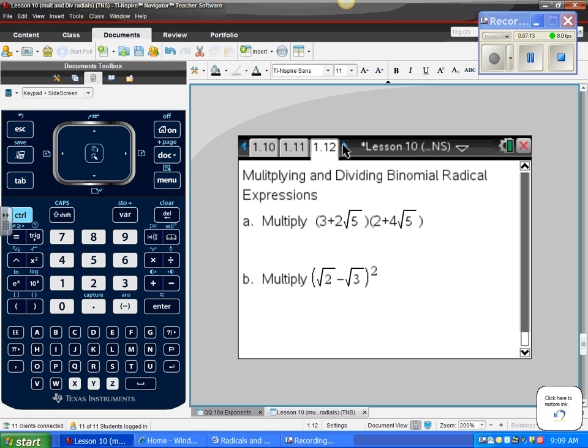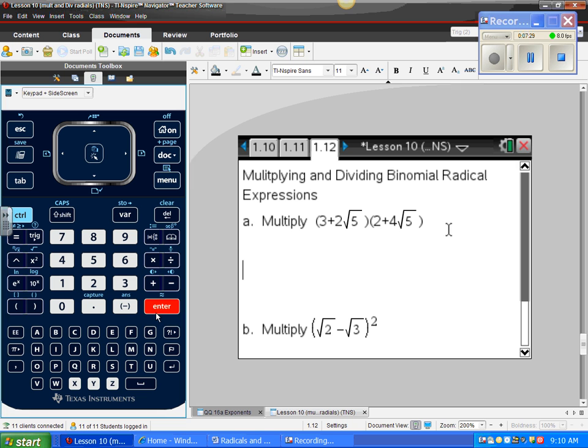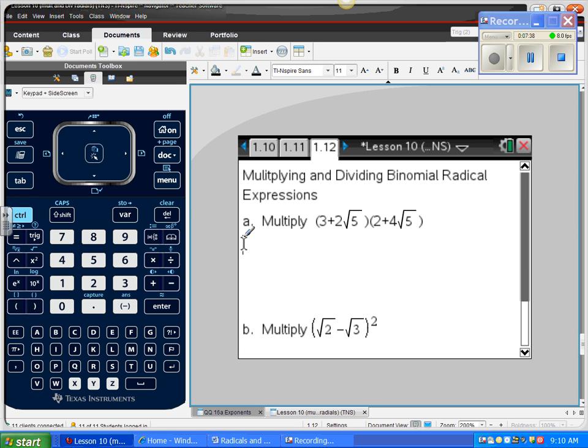Okay, so we're going to continue with multiplying radicals. Now, sometimes we have radicals in binomial form. Binomial meaning 2 terms, okay? So if I have 3 plus 2 radical 5 times 2 plus 4 radical 5, how do I multiply together 2 binomials? I FOIL them. Excellent. Okay? And we know how to multiply radicals, so this shouldn't be difficult.